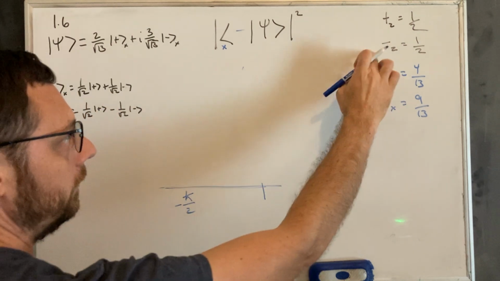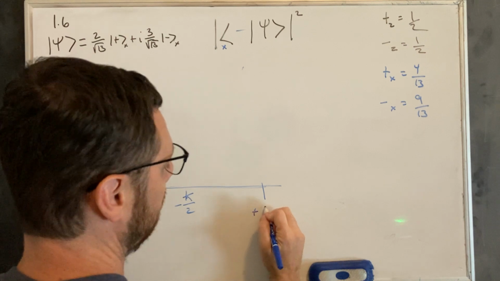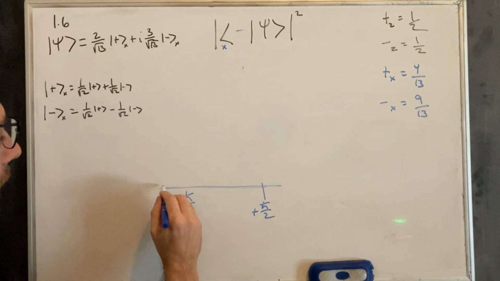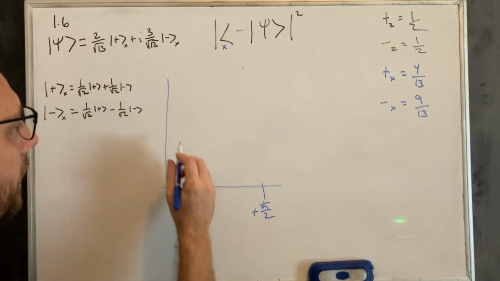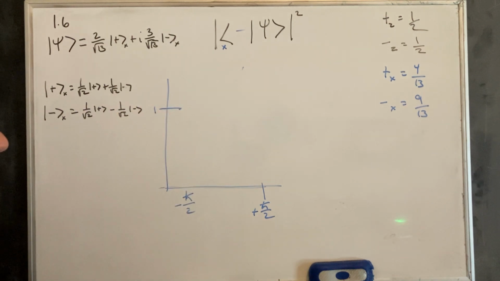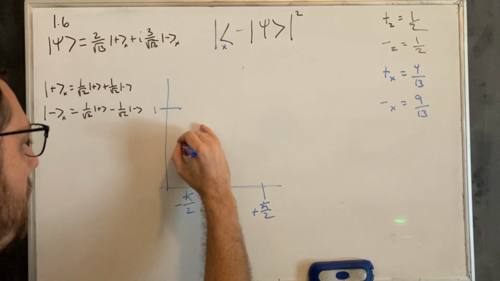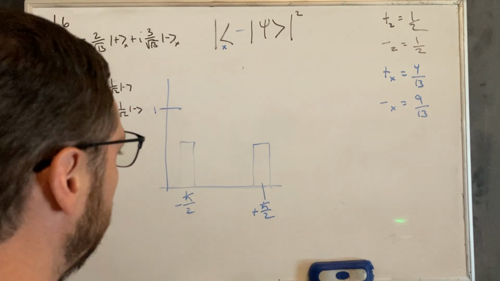And when I say down or negative, that's negative h bar over 2. So this is positive h bar over 2. And so then we have, let's call this 1 right here. And so, about halfway, and about halfway. So those are pretty even.